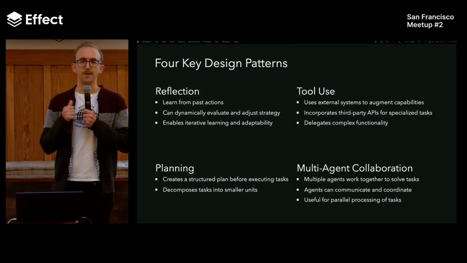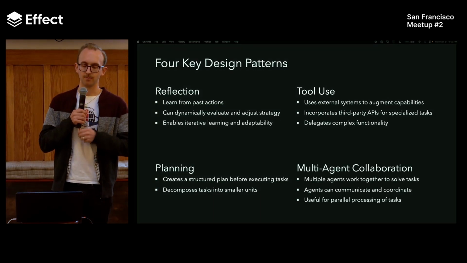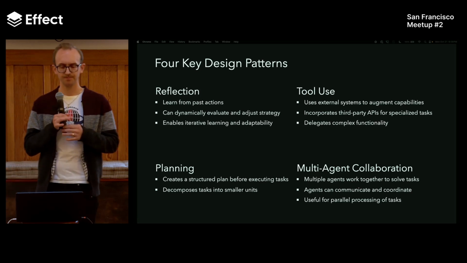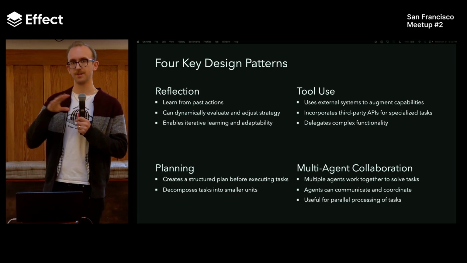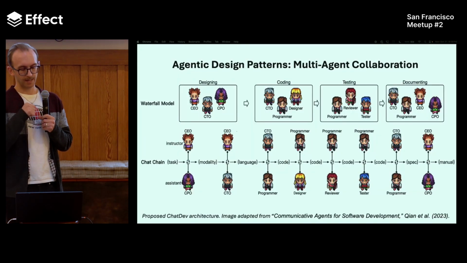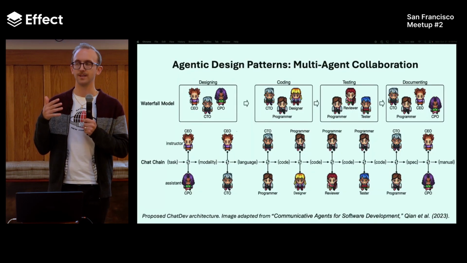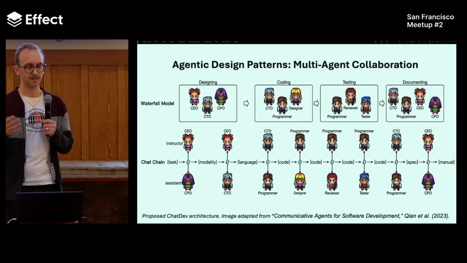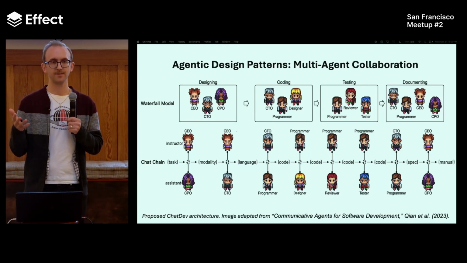And the fourth design pattern that he thought would become popular is multi-agent collaboration. I think this is probably the most interesting one, where we use multiple agents working together to try to solve a problem. A more frequently cited example of this is the ChatDev architecture.